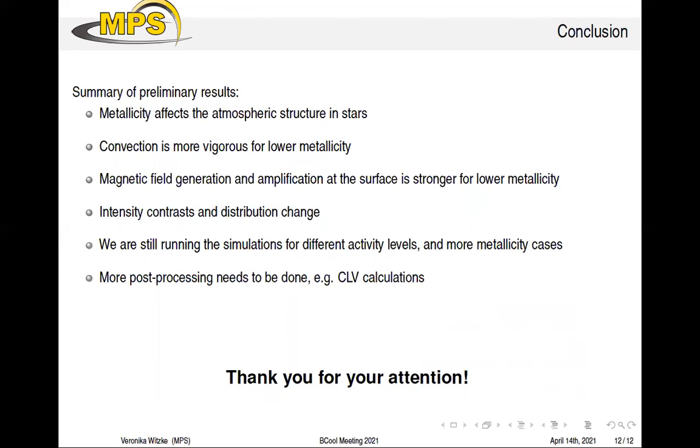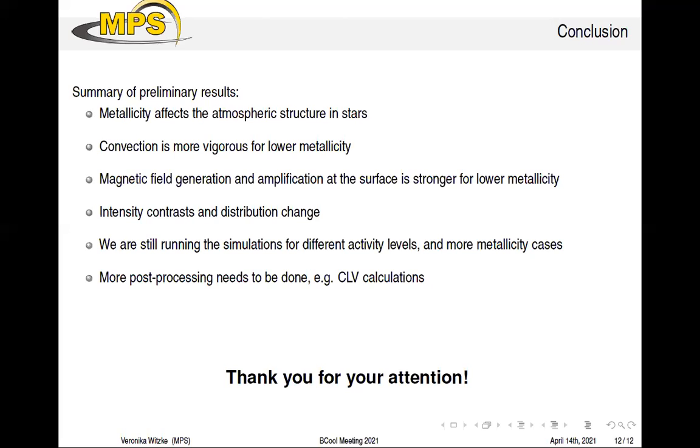From 3D calculations so far, we understand that lower metallicity stars have a much more vigorous convection at the upper layers, which will affect the magnetic field generation in the SSD run, but also will affect the magnetic field distribution for more active stars when we take into account 100, 200, 300 Gauss vertical fields.